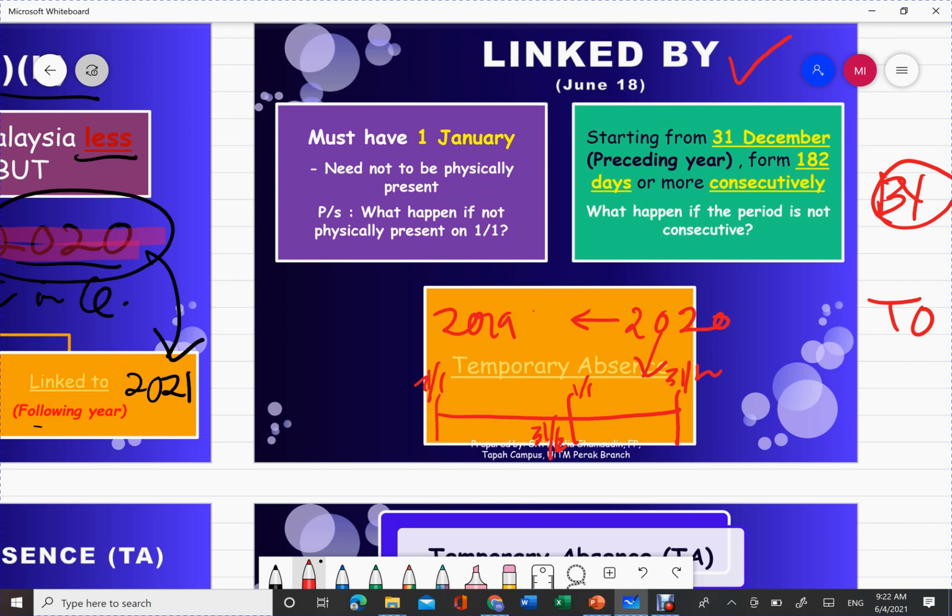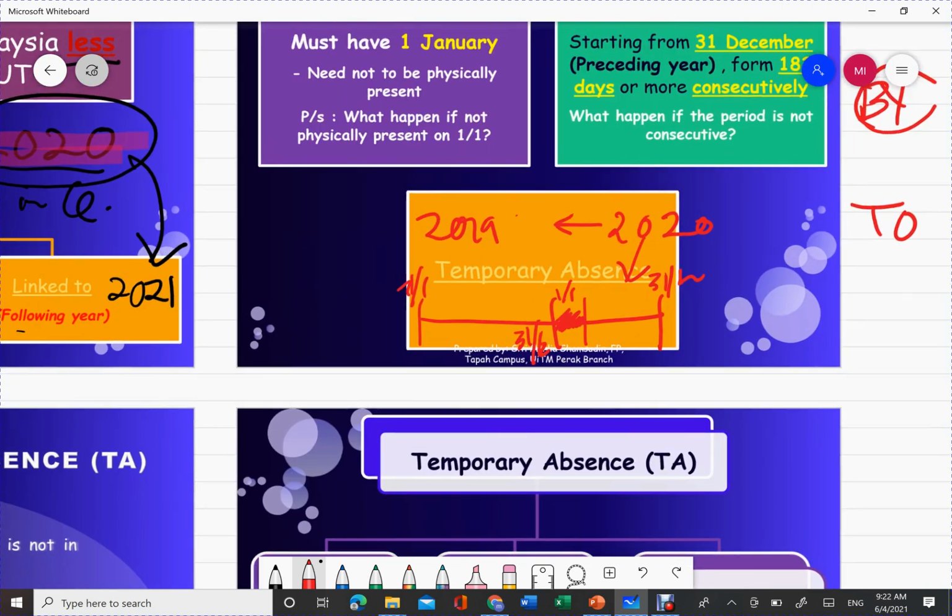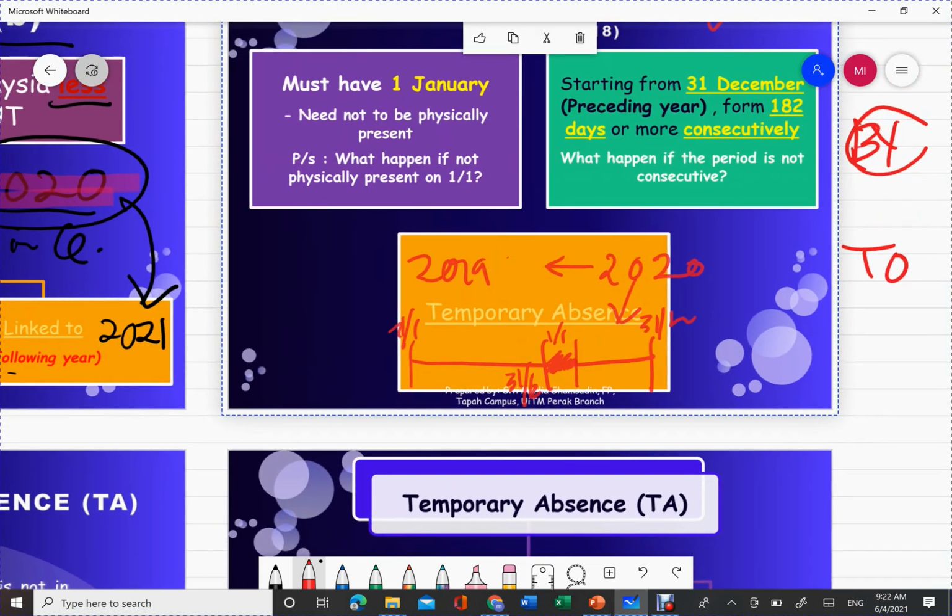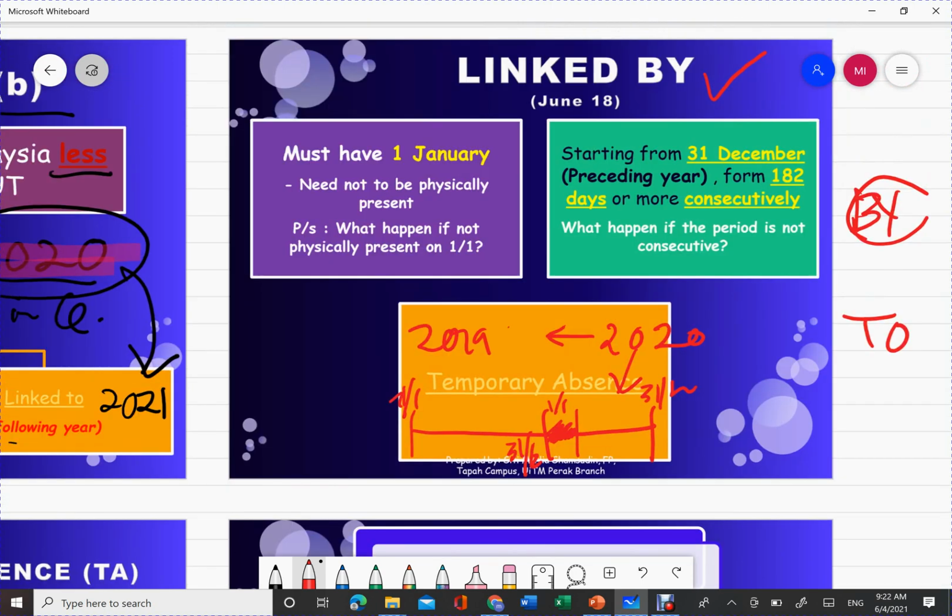Say for year 2020, he was in Malaysia during this period, and the number of days of stay is only 30 days. Throughout the whole year 2020 he was in Malaysia for 30 days. But this period in January is joined to this other period.